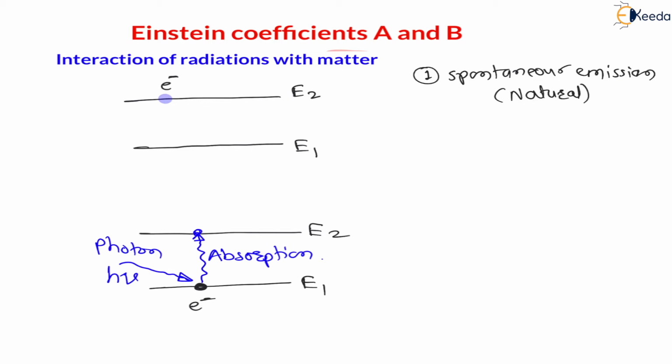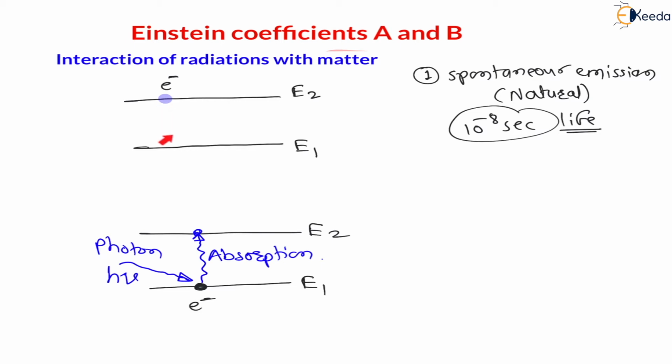Natural process means, whenever any electron is present in the excited state, this electron always tries to move towards the lower energy level, and the life of this electron in the excited state is only 10 to the power minus 8 seconds. This is called the lifetime of the electron.